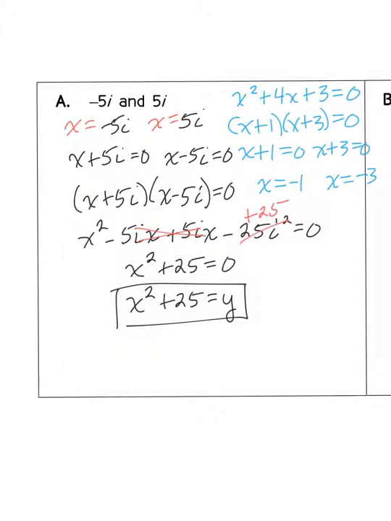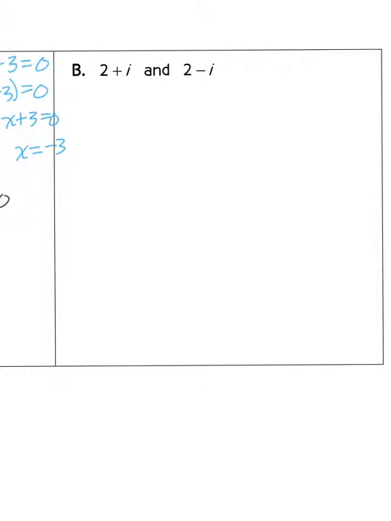Now I want you to try that on B. It's just a little trickier because it has two terms, but you can go ahead, you got this. So pause the video and then find your solution. Okay, so I'm going to start with setting these equal to x. So x equals 2 plus i, x equals 2 minus i.